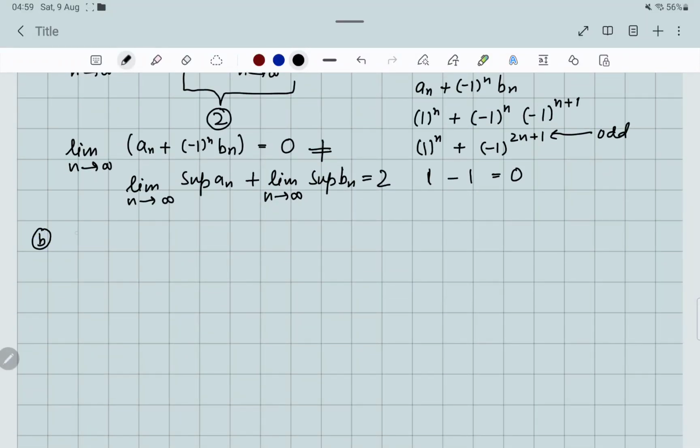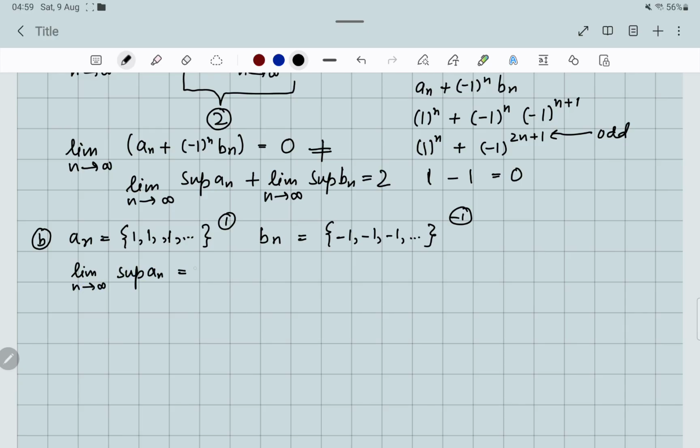For option B, I choose a_n equals 1, 1, 1, and so on, and b_n equals, let's say, -1, -1, -1, and so on. Now what is the supremum? Here we have 1, here we have -1. So limit supremum a_n is equal to 1, and limit supremum b_n equals -1. Their sum is 0.